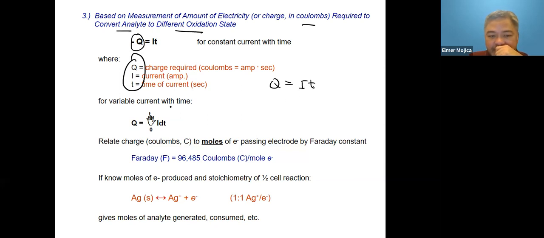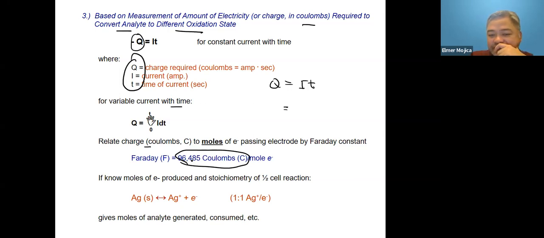Now for the variable current with time, so you could say there, okay, the current is equal to the change in the time. So the relative charge that you have to the moles of electrons passing electrode by Faraday constant. So Faraday constants, that's the charge in 1 mole of electron.